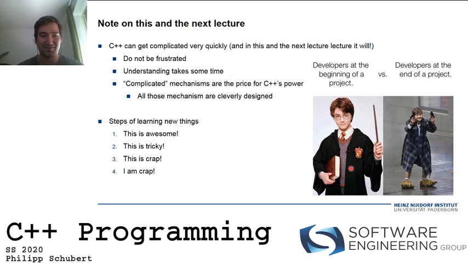I can assure you that you are not crap. Even if sometimes you have the feeling that's not true, you just have to continue learning about the new stuff, and eventually it might turn out to be okay. Once you have the full understanding of a certain topic, of a certain feature, maybe of C++ even, at the very end it will appear awesome again as it did in the first place. And once you get the hang of it, it's completely usable, and you have the full power of C++ and all its features.